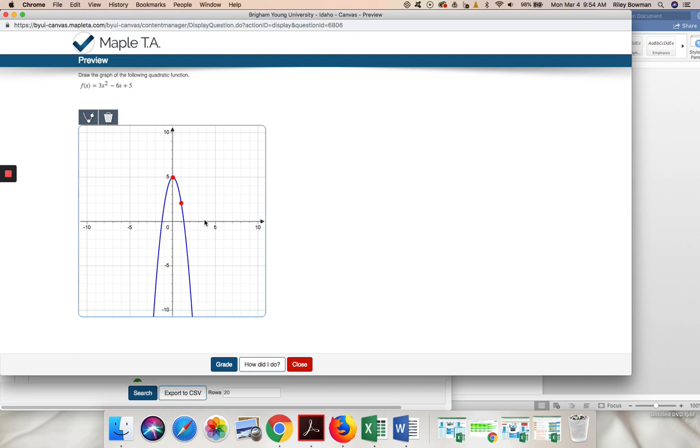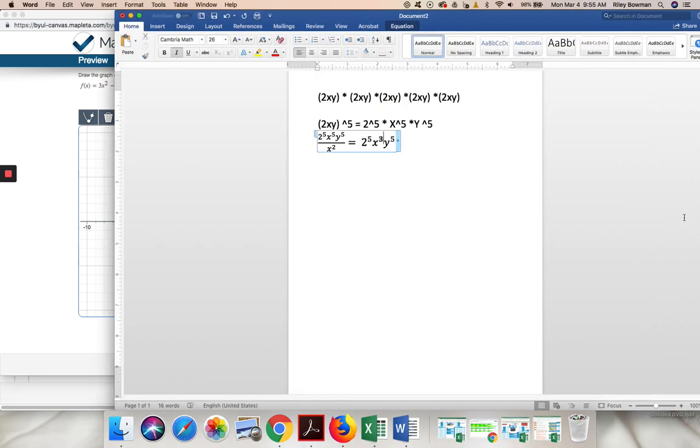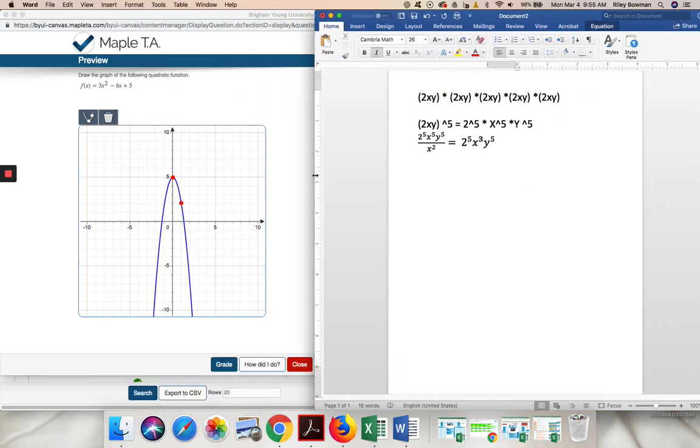I could probably find some more. Do not try to find the x-intercepts because that takes the quadratic formula and we're not doing that in this class. So another option is to find the vertex. Apparently we already did, but we could go ahead and do that anyway. The vertex is negative b over 2a. So let's bring this up here.